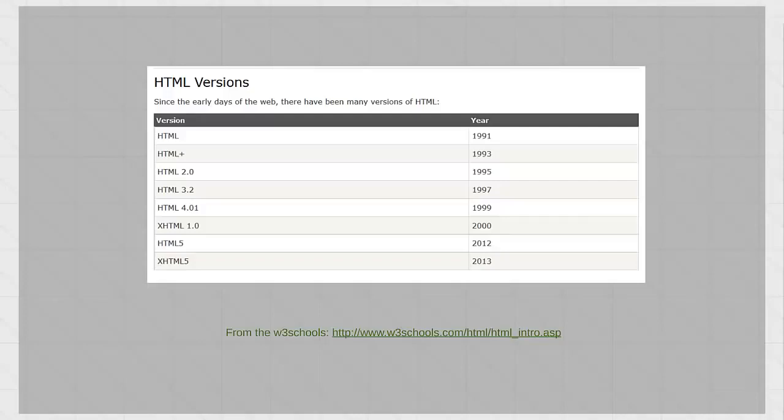XHTML, a little bit more unforgiving, very strict on how you should code things, on how you should pair tags, on when and where to use capital letters. And XHTML really is a combination of XML, which is a data definition language that is commonly used to transfer data between various databases, and HTML.